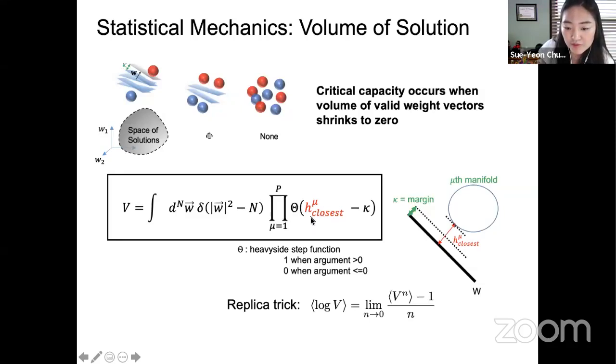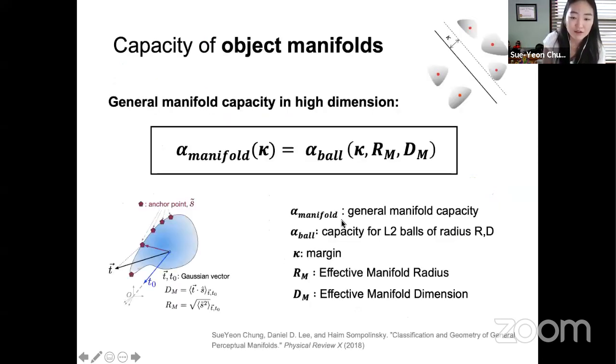Previously, for discrete points, it was the distance between the discrete point and the separating hyperplane. But as we are considering object manifolds, we express the worst point, or the point that's closest to the hyperplane, on a specific manifold.